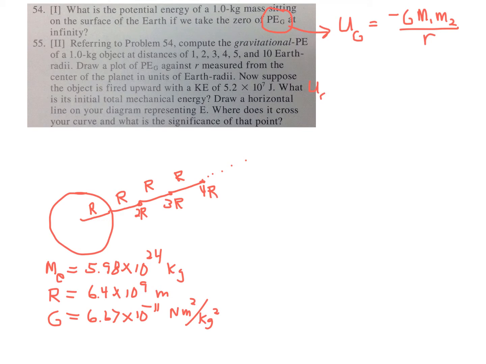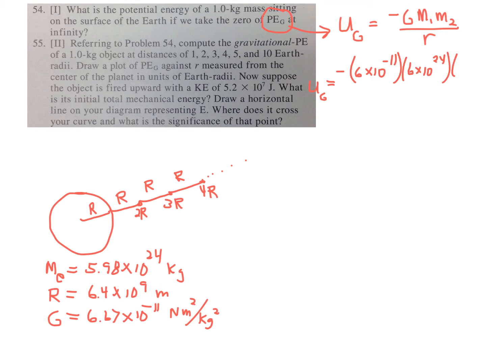Alright, so I'm going to try to squeeze this in down here. U sub G, the potential energy of this system when you have the 1 kilogram mass sitting right on the surface of the Earth, that's 1 Earth radii, is negative G, rounding it off, 6 times 10 to the negative 11th. And the units are still as they are down there on the left. That's big G, rounded off to 6. Mass of the Earth, 6 times 10 to the 24th kilograms, standard.